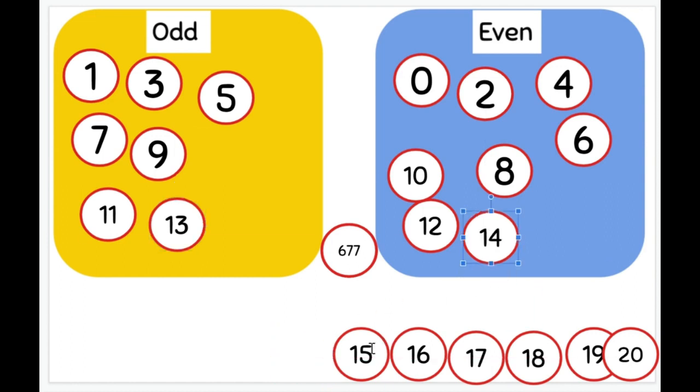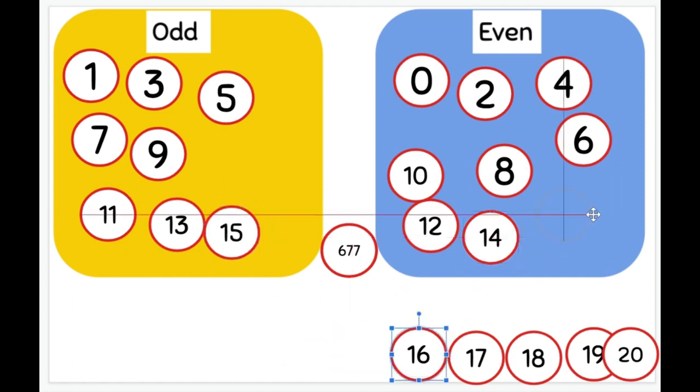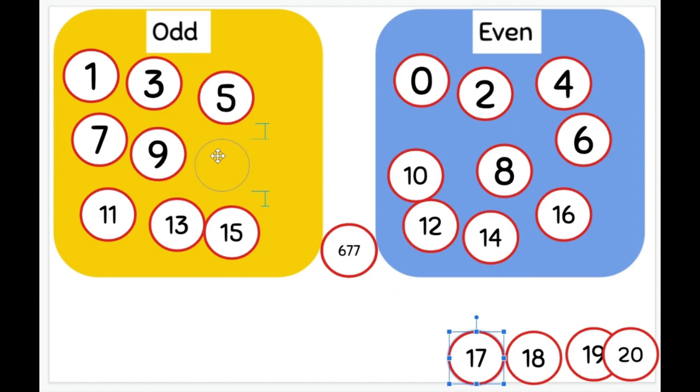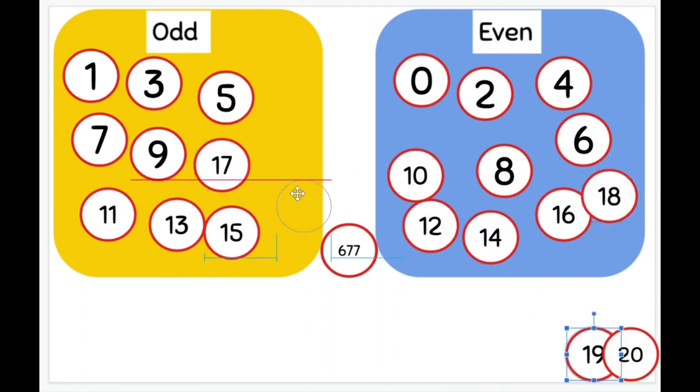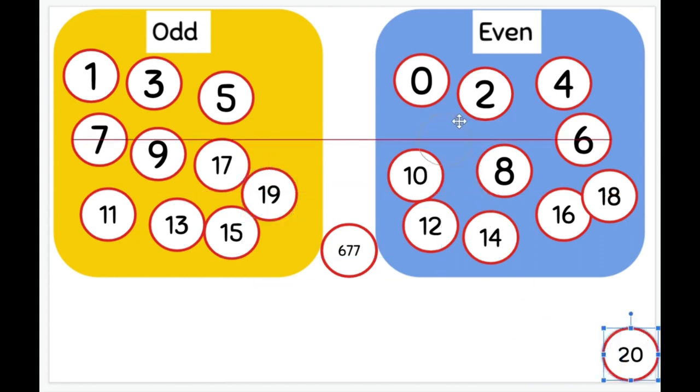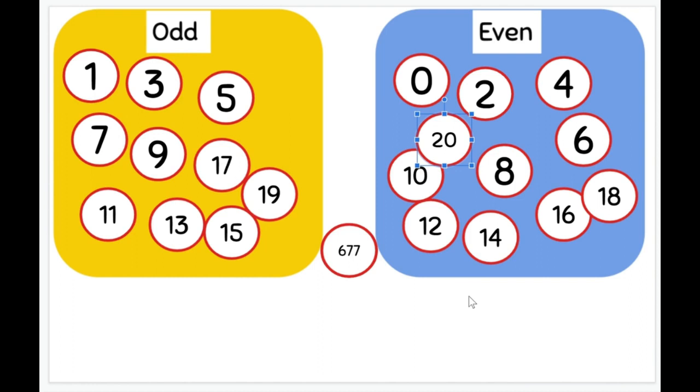So it's an even number. 15 is an odd number. 16 is an even number. 17 is an odd number. 18 is an even number. 19 is an odd number. And 20, it has a 0 in the ones place, so it is an even number. So every second number is an even number.